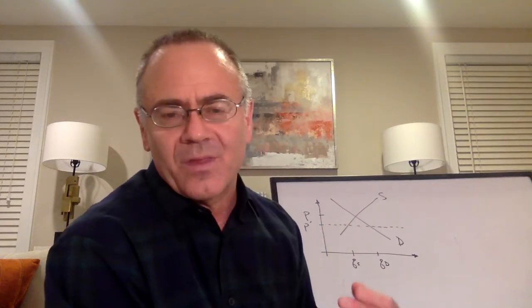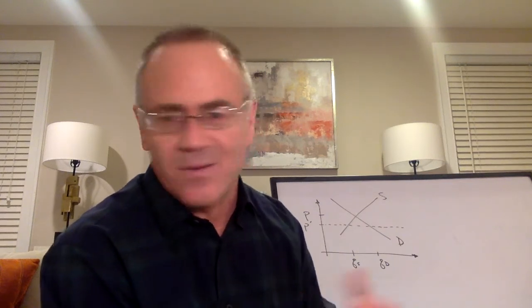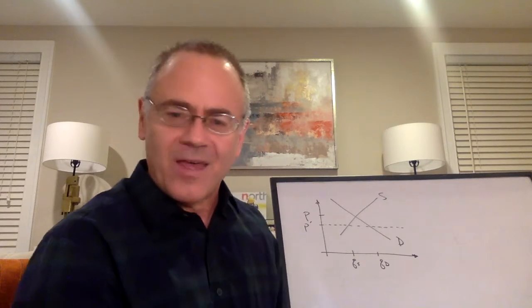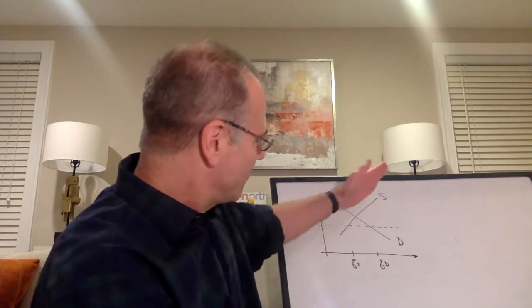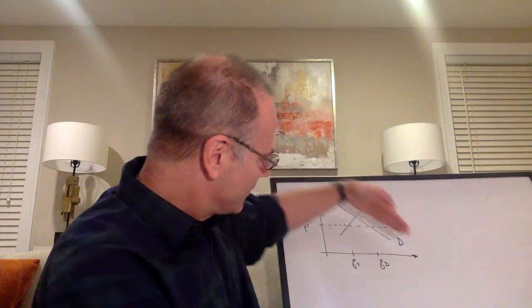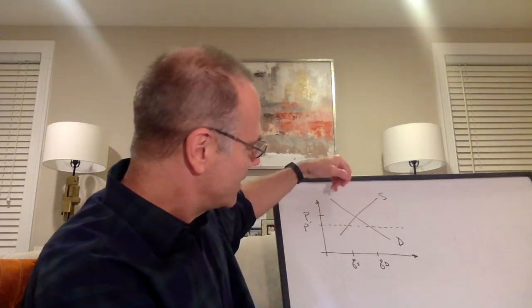What happens? Okay. The first thing is we like to think that, as I said, all that happens is that the quantity demanded and the quantity supplied stay the same, but that won't happen at all, at least if we have an upward sloping supply curve and downward sloping demand curve.